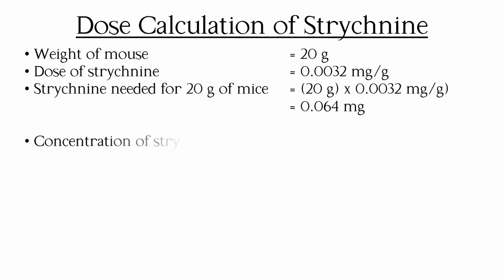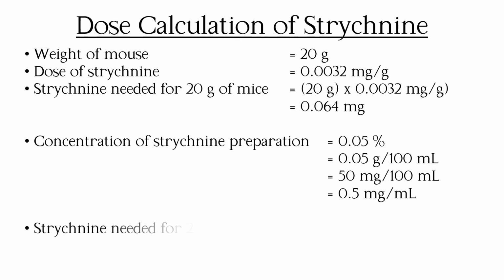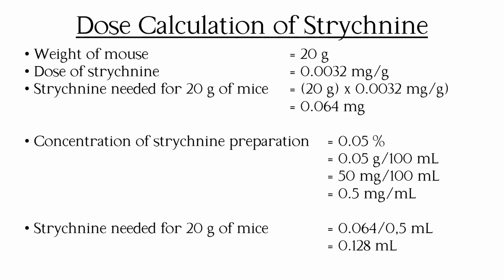The concentration of strychnine preparation is 0.05% or 0.05 grams per 100 milliliters or 50 milligrams per 100 milliliters or 0.5 milligrams per milliliter. So strychnine needed for 20 grams of mice is 0.064 per 0.5 milliliters or 0.128 milliliters.